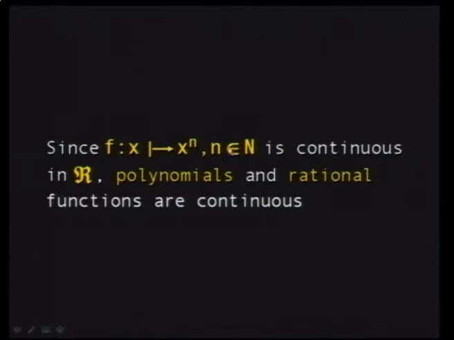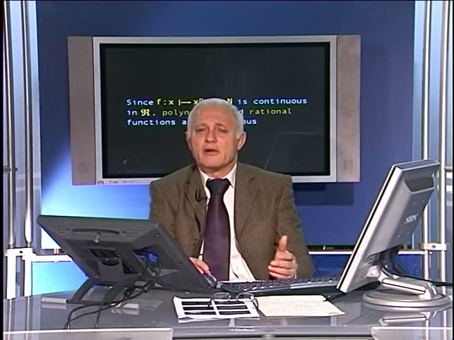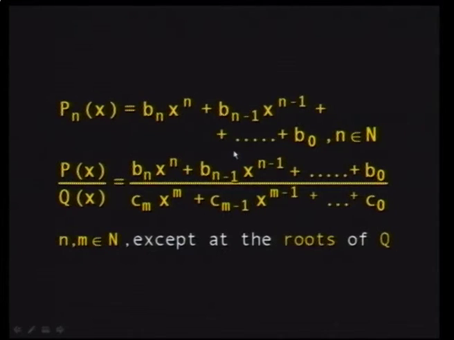For example, the power function, which we were just talking about, is continuous, as I said. This is continuous everywhere for n an element of N. It appears in all varieties of other functions, like polynomials and rational functions. We've seen those kinds of functions before when we classified functions.